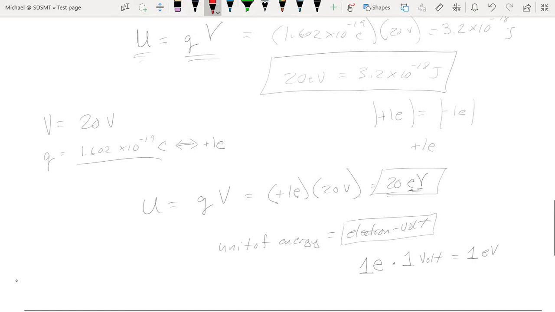Well, your conversion factor is hiding right here. e is the elementary charge. So if you were to sneak in the value of e, you would get 1.602 times 10 to the minus 19 times 20, just like you got right up here.